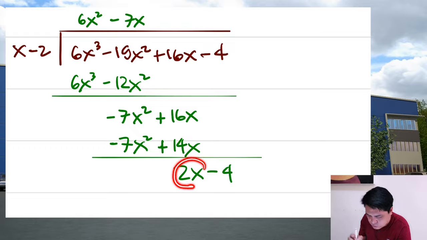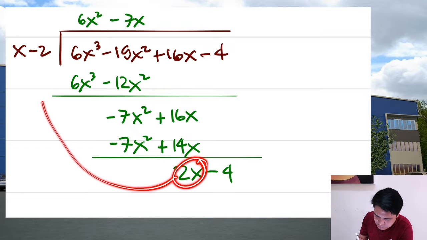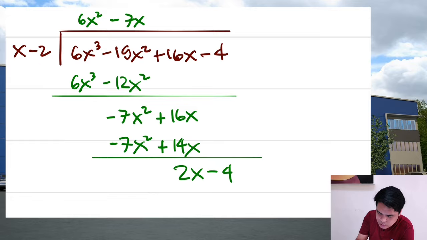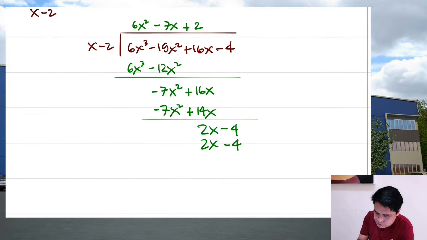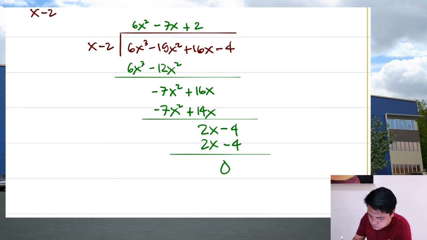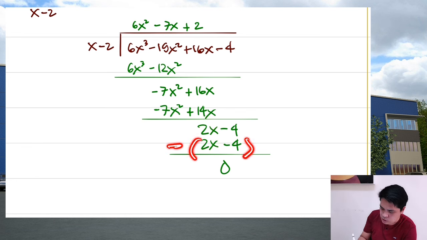So 2x divided by x is 2. Then 2 times x is 2x, and 2 times negative 2 is negative 4. And if you notice, there's no remainder. It is just 0, because this is 0 and this is 0 when we subtract.